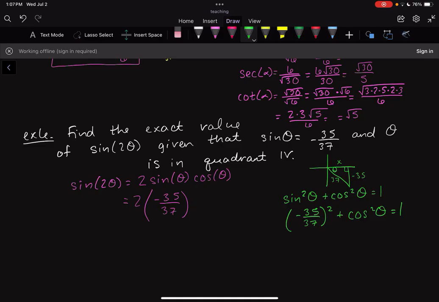So let's see, this gives me 1225 over, I mean, I would not expect you to have to do numbers this large and square them.